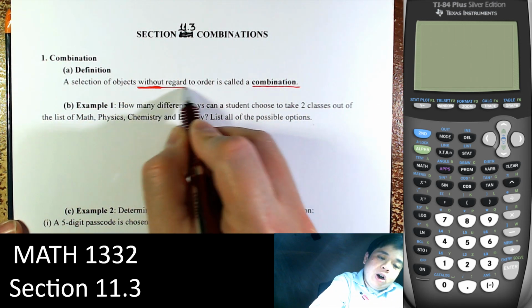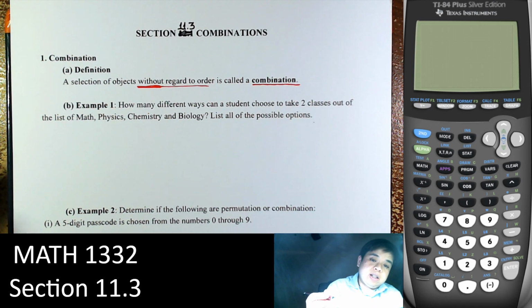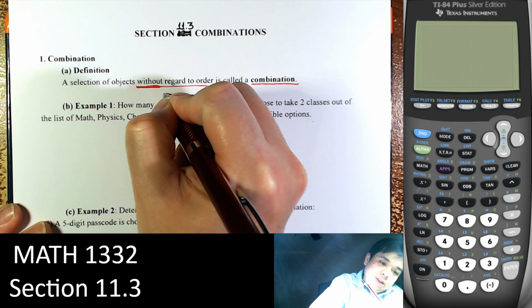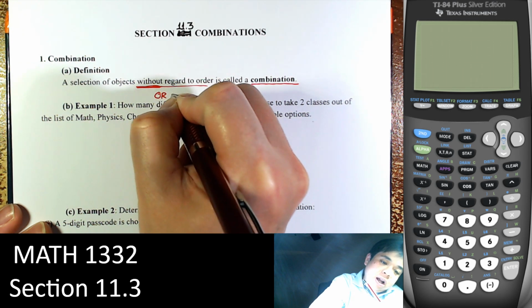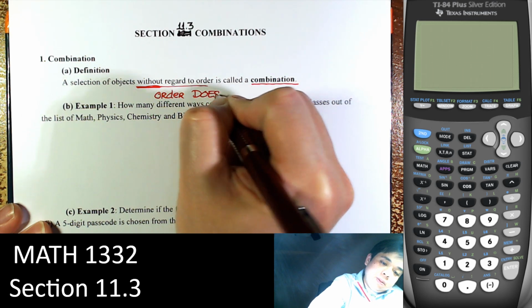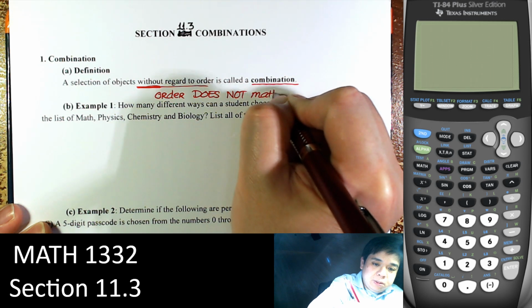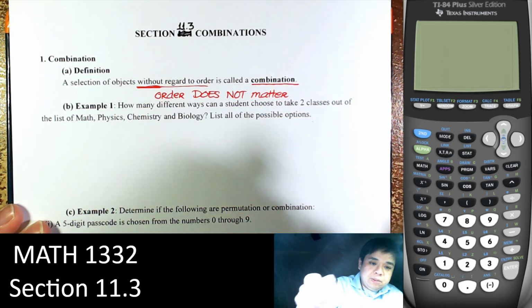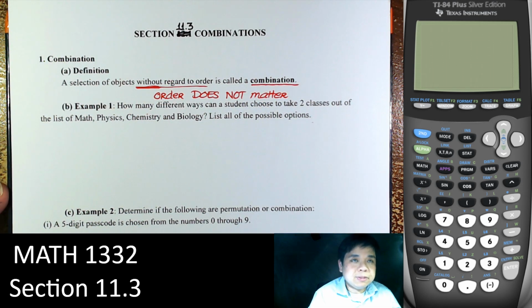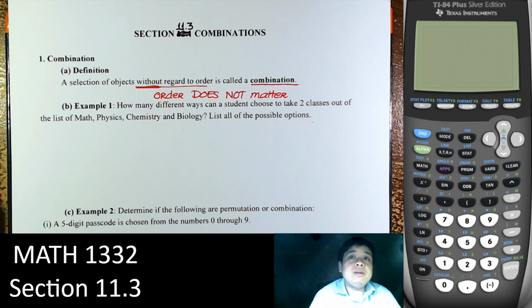So there's no order, or order doesn't matter, and we select objects. Order does not matter. So in that case, we choose things.